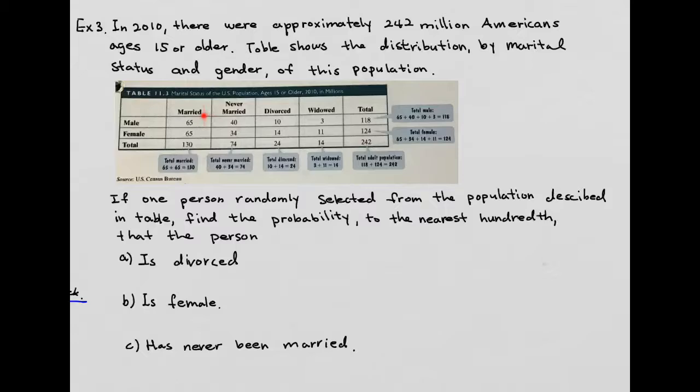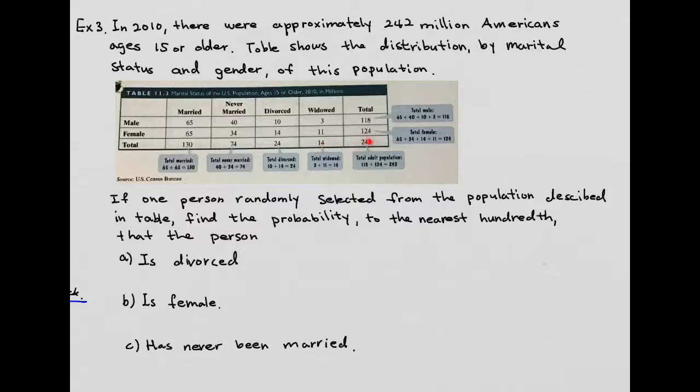We have married, never married, divorced, widowed, and the total of those numbers in male or female, right? And then on the bottom you have another total of male and female of married, never married, divorced, widowed.